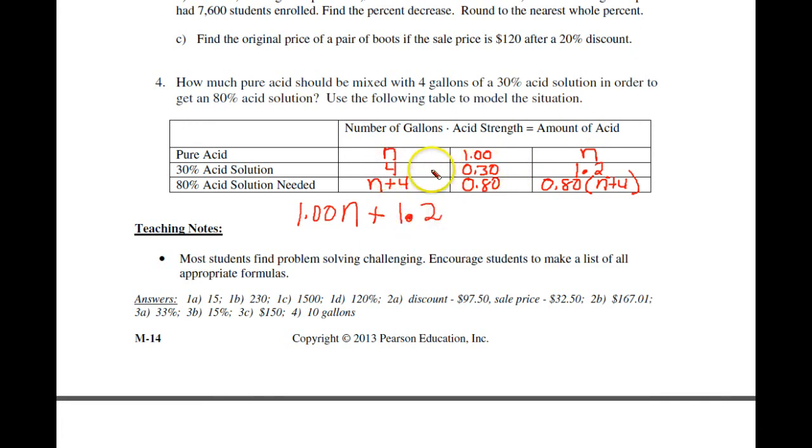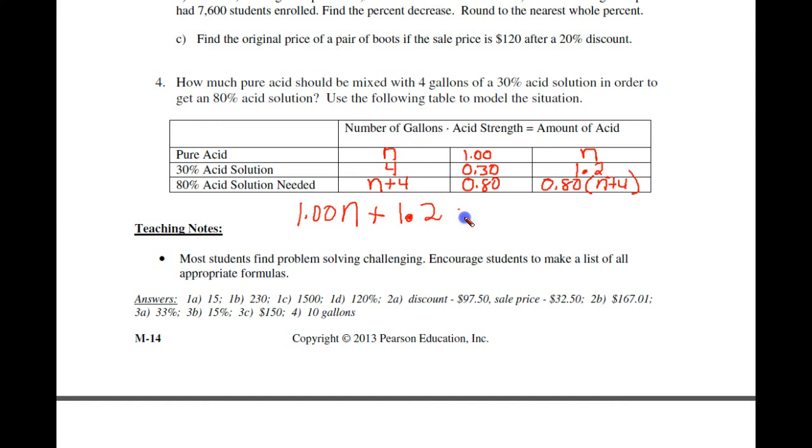Now I could put that there too, but since we already worked it out, that's good right there. And that will equal this. Now, notice if we add a 0 here, we can multiply each of these by 100 and get rid of all our decimals.